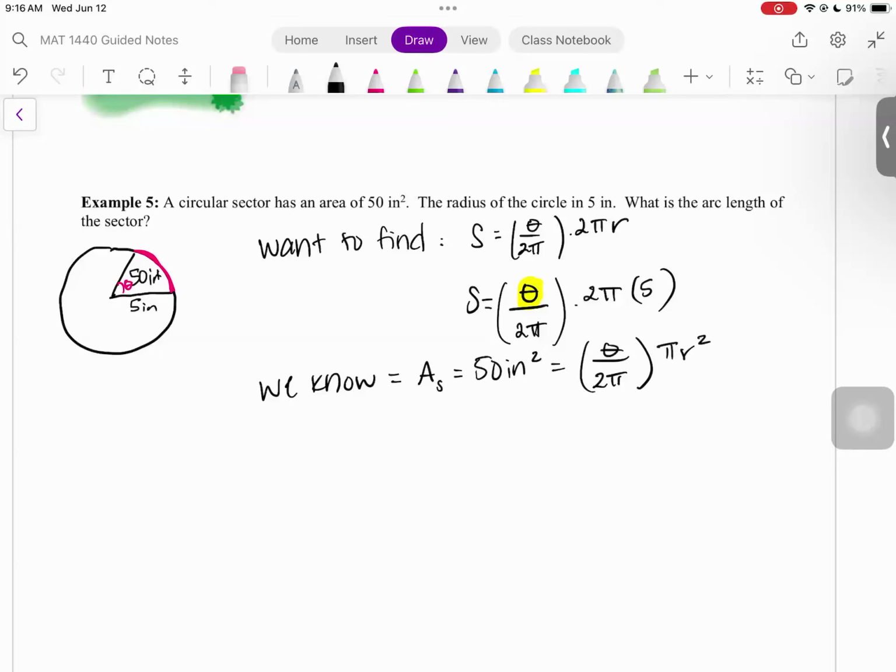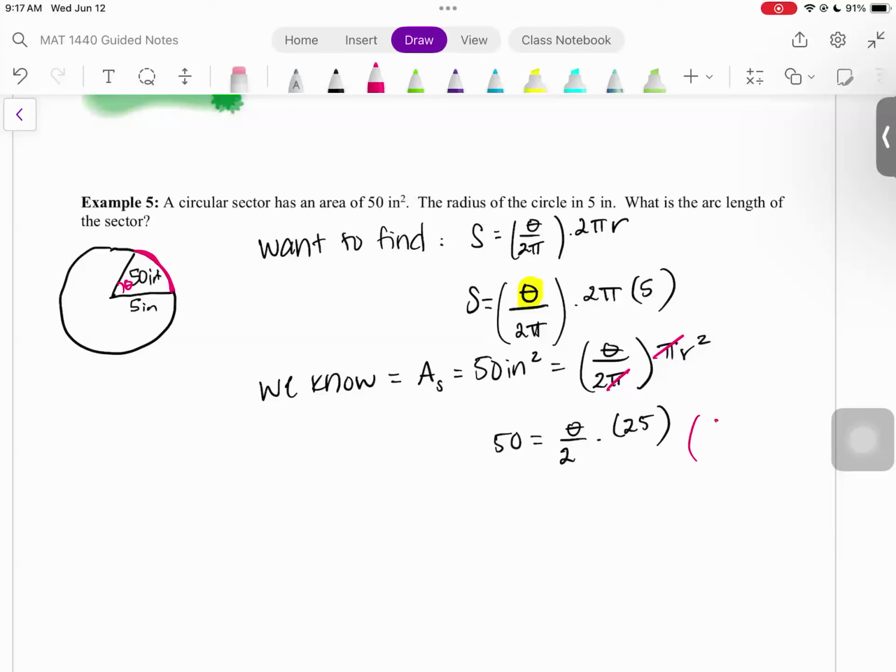So that area is 50 inches squared, and that's equal to theta divided by 2 pi times pi r squared. So I'm going to use this equation to solve for that central angle theta. I'm going to start by simplifying this before moving forward. So 50 is equal to theta divided by 2 times the radius, which is 5 squared, or we can do that mentally, 25.